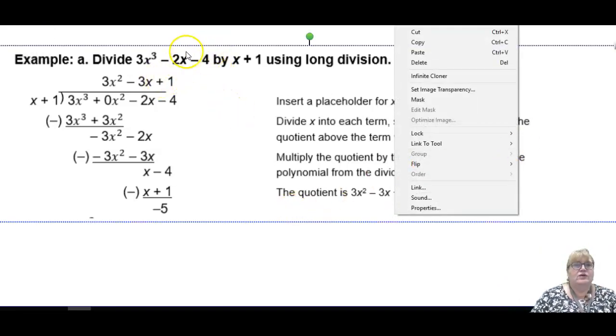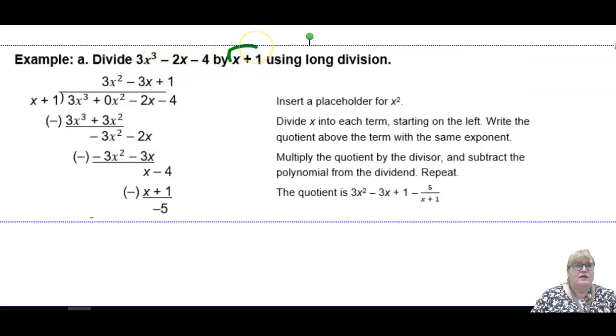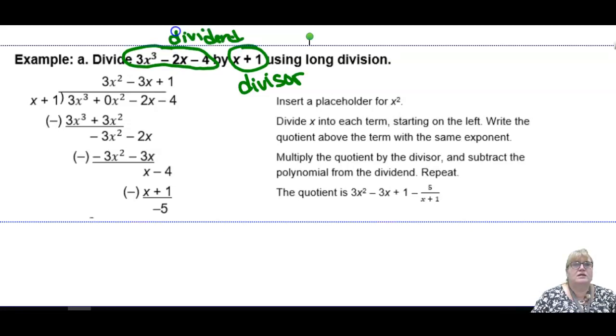All right, so when it asks you to divide this by this, this is the divisor. What is being divided is called the dividend. And your answer up here is the quotient.